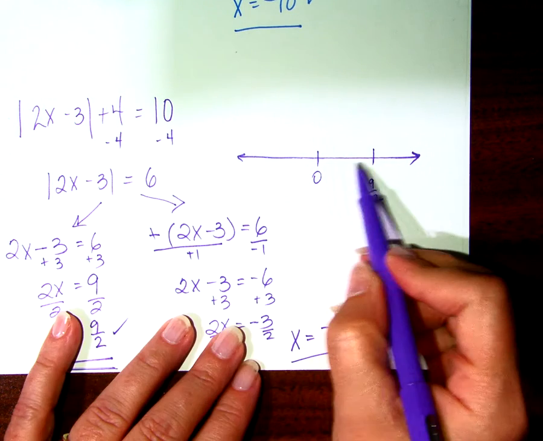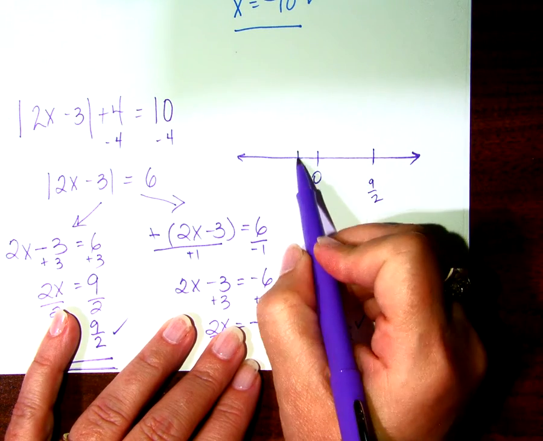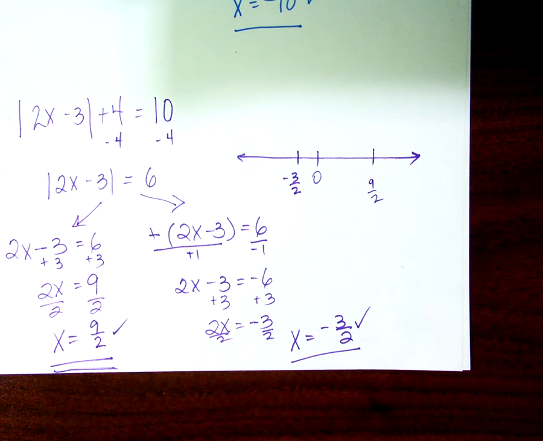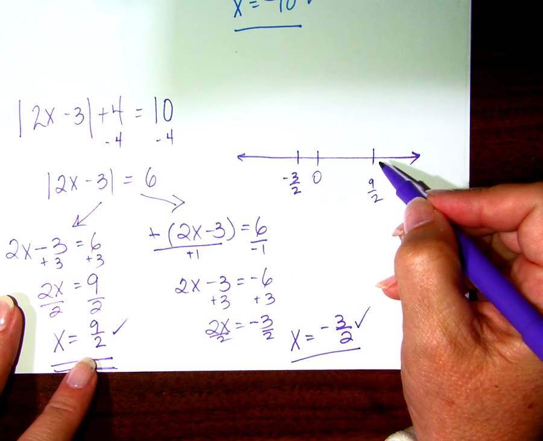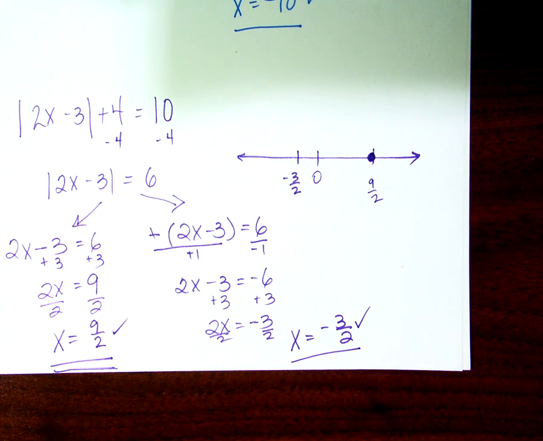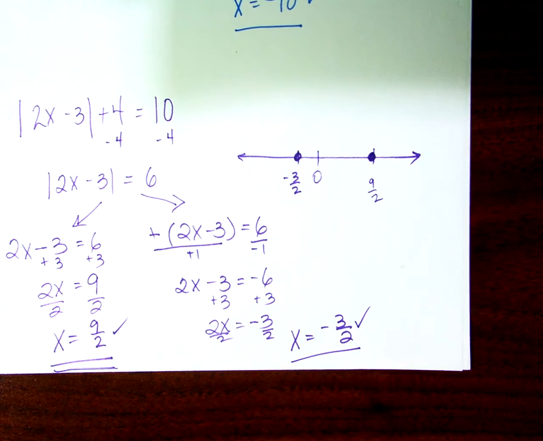Well, if this is 4.5, this is -1.5, so it ought to be like maybe right there, right? I'm not asking you to measure it out. I'm asking you to make a good guess, a good estimation of where it should be. Is that fair? Okay. So if my answer is 9/2, what do I put at 9/2? A dot. If my answer is -3/2, what do I put at -3/2? A dot. Done.